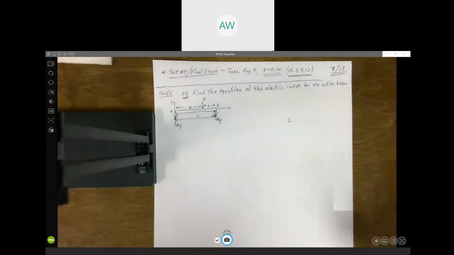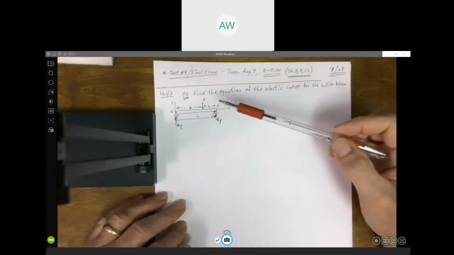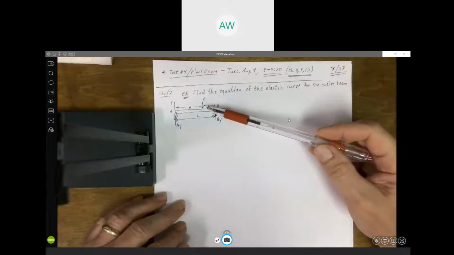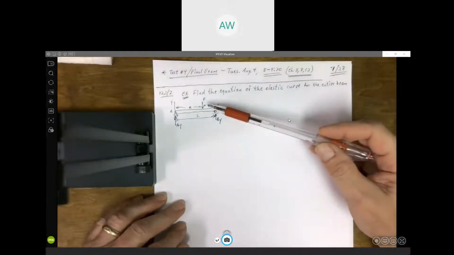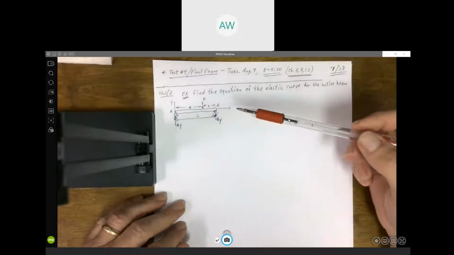Now, if you remember back to when we started chapter 6, we saw that our shear force and moment equations will change wherever the loading changes. So this particular beam with this loading is going to require us to cut it twice.